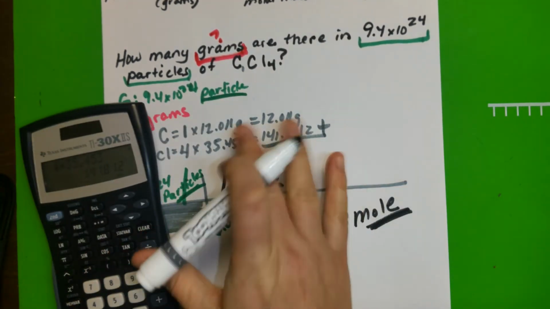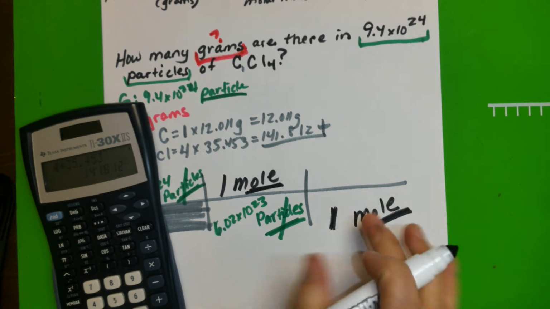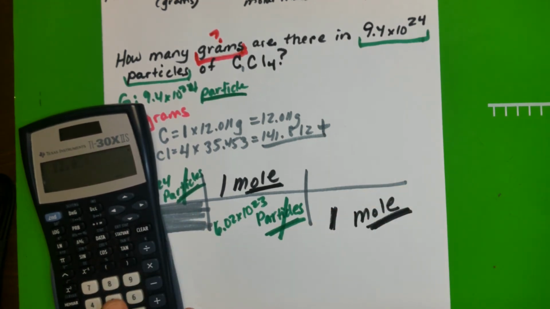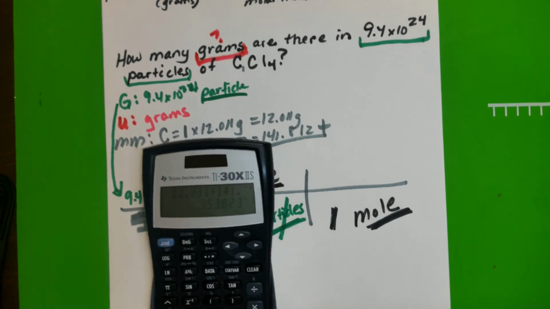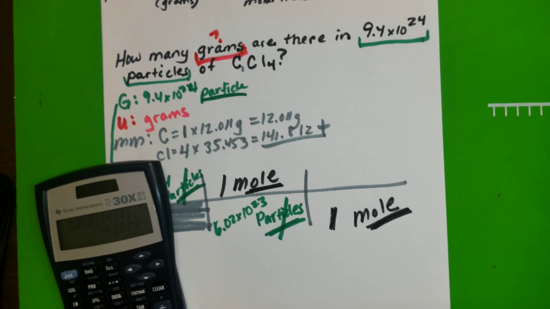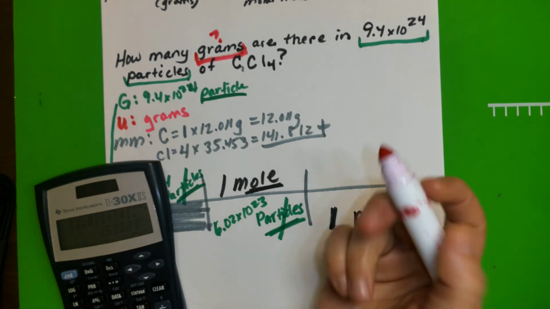Because you have to add them together, you have to get one number. So it will be 12.011 plus 141.812, and it will be 153.82.